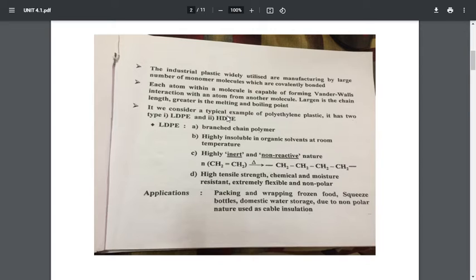Now, these are the characteristics of LDPE. Now let us see the applications. We all know the applications of low density polyethylene: packing and wrapping, frozen food, squeeze bottles, domestic water storage, and due to its non-polar nature, it is also used as cable insulation.